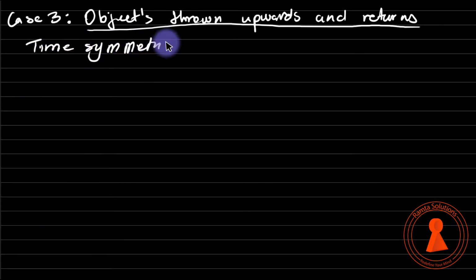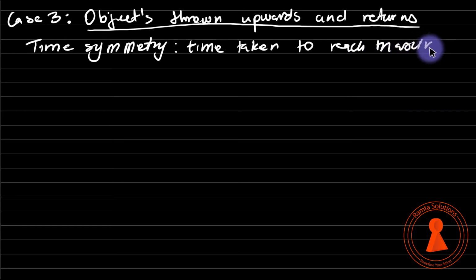Okay, there is what we call time symmetry, which says the time taken from point of release to maximum height must be equal to the time taken to return from maximum height to point of release.